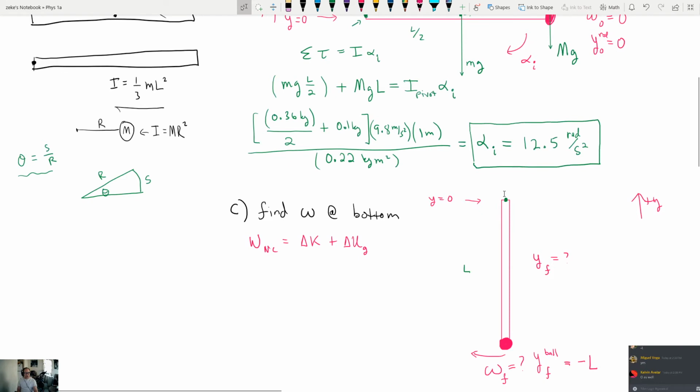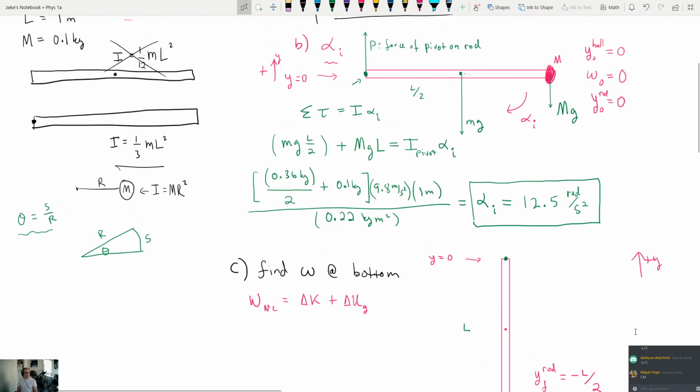so the rod swings down to here. What do I want to use for y final for the rod? What point on the rod should I use to talk about this? I don't think this has really come up in this class before. It's going to be negative L over 2, and why is that? Why did you all choose negative L over 2? The center of mass, exactly.